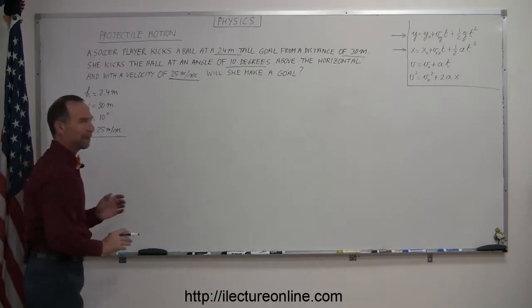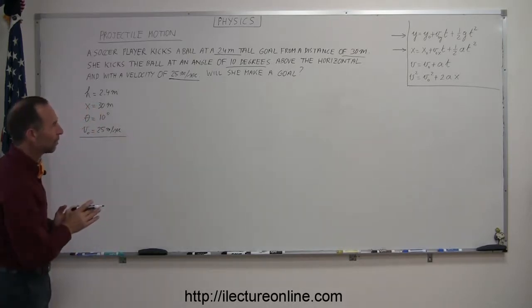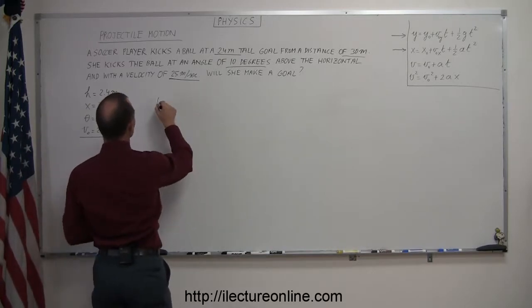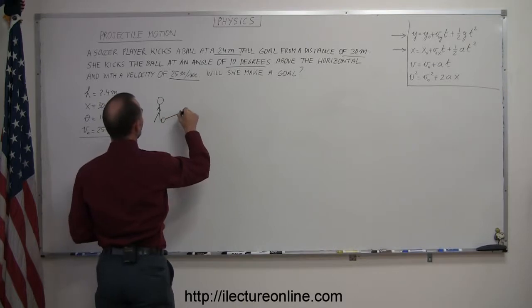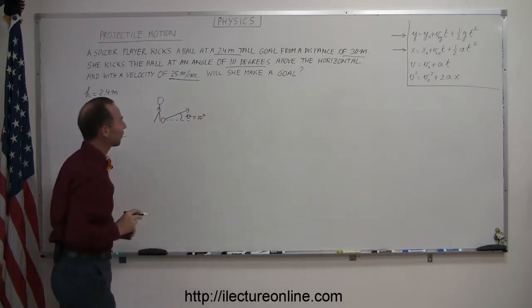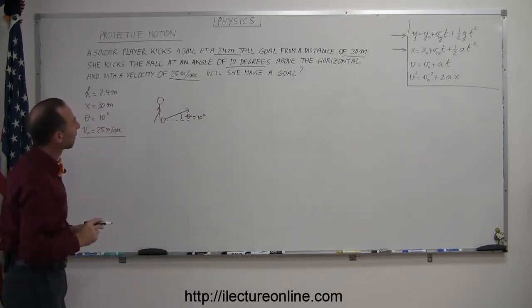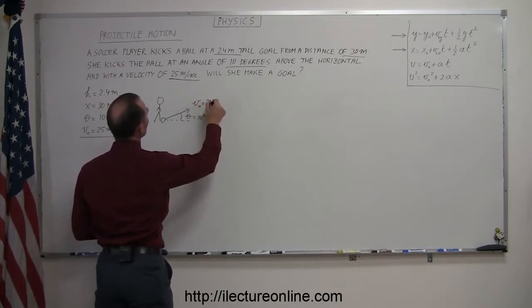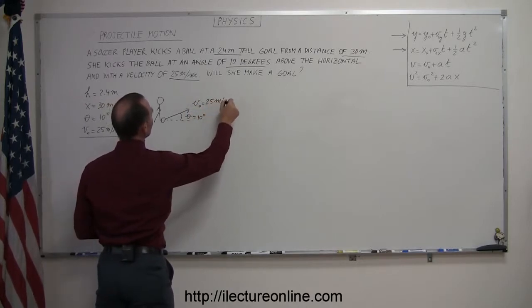So let's draw a picture so we can figure out what it is that they're finally asking for. Here's the player kicking a ball with an angle theta equals 10 degrees above the horizontal, with initial velocity, V initial, equal to 25 meters per second.